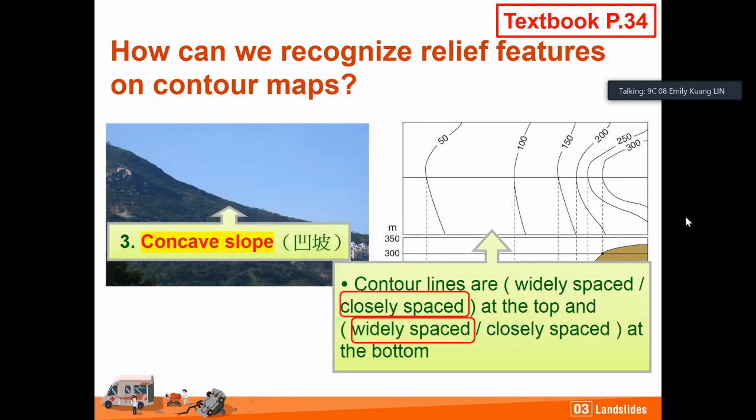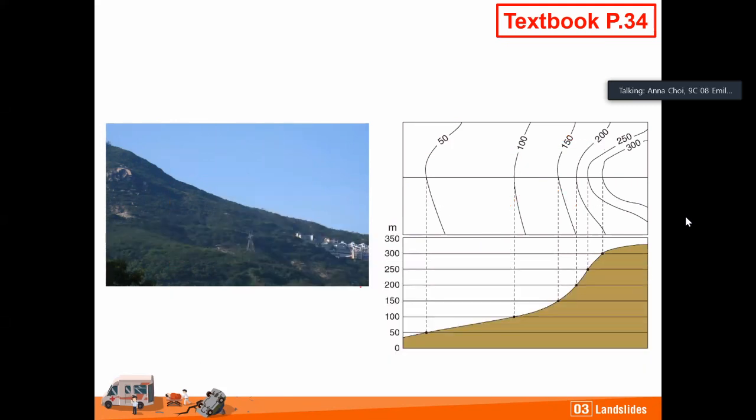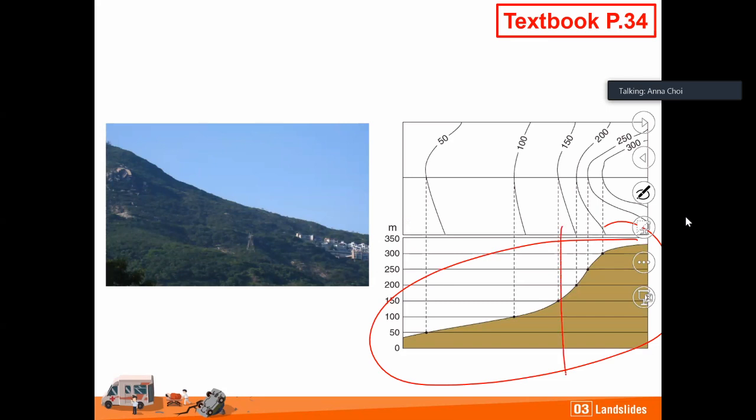You can look at this cross section, maybe it is easier for you to understand. You can see the upper part here is a steep one, and the lower part here is a gentle one. That is why we have a special pattern like this, and that is why we call this a concave.